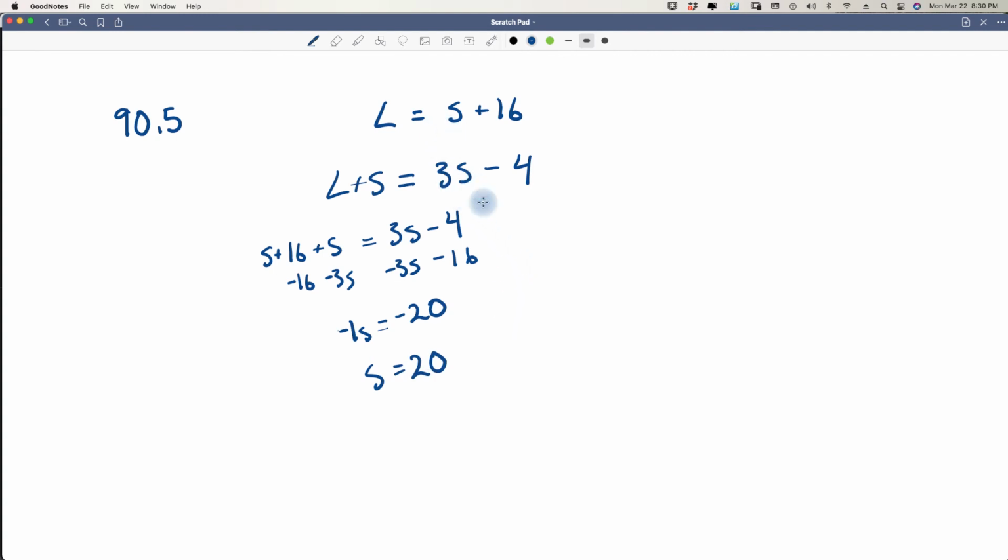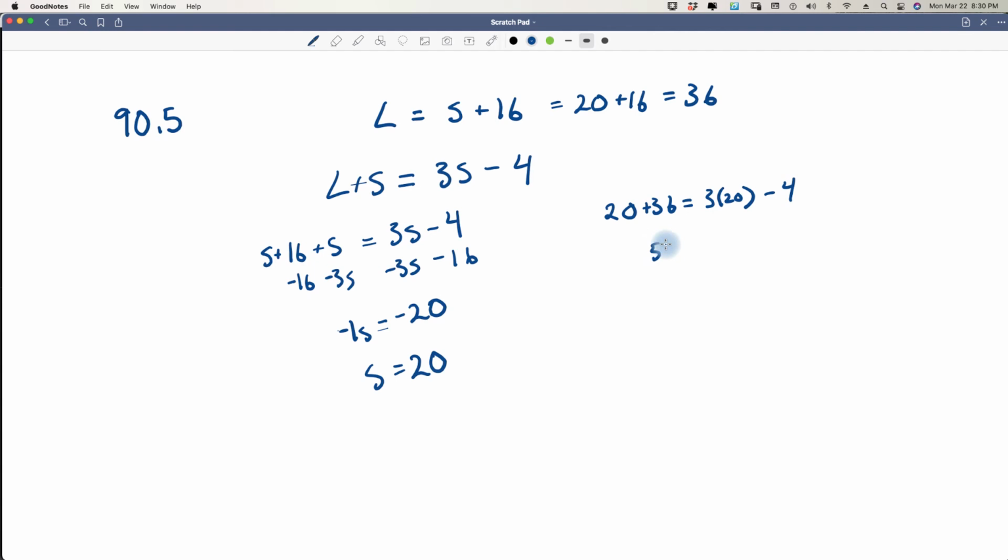So the smaller number is 20, so that means the larger number is 36. So we can check our answer by saying that the larger number plus the smaller number, so that's 20 plus 36 equals 3 times 20, because that's the smaller number, minus 4.